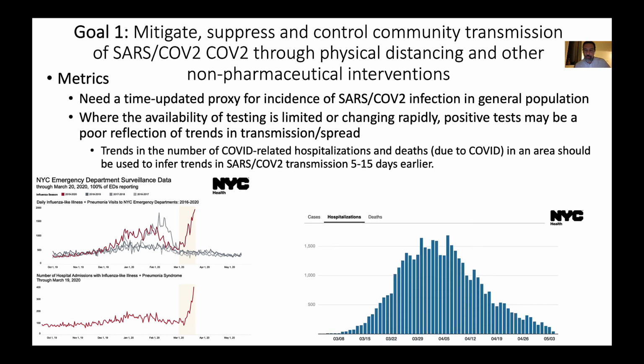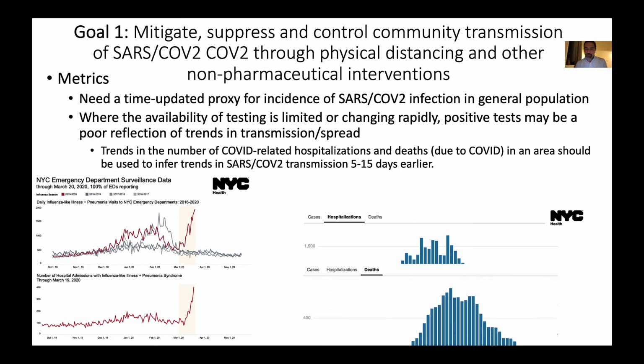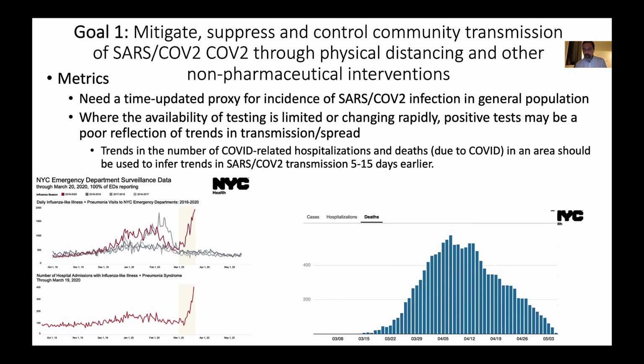They also publish information on all of the hospitalizations in the city, not just those relying on syndromic surveillance or coming in through the emergency department, but any hospitalization really. And also they were reporting on the number of deaths over time. So as you can imagine, these are the kinds of surveillance systems that the city put in place to be able to monitor what was going on with the spread of SARS-CoV-2.